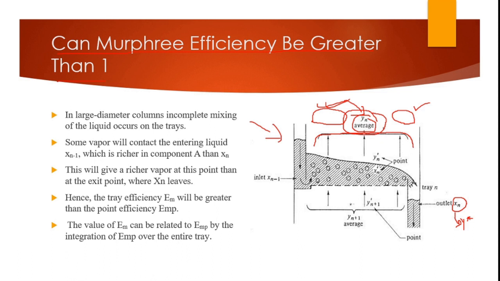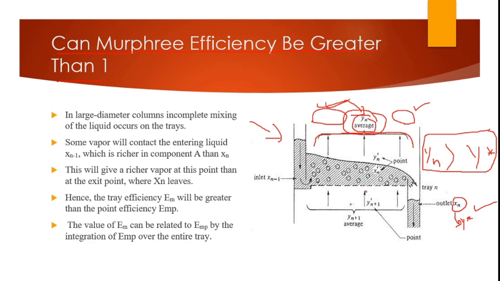Now this average yn gets boosted and is quite high. In that case, this average yn can even be higher than your y star that you have obtained over here. This is actually possible in the case of high concentration gradients, where imperfect mixing is happening on the tray.